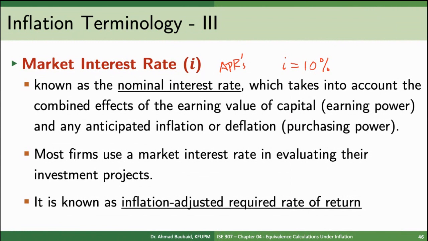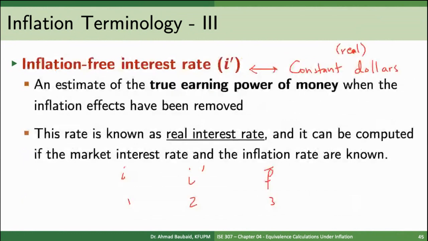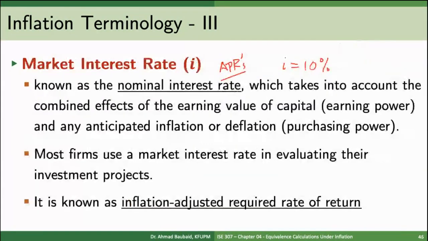Even when you get a credit card, they're going to give you an APR, which is a nominal or market interest rate. They're not going to tell you how much your money actually earns in a savings account when you invest, right? They're just going to give you the market interest rate, and you can figure out based on the inflation rate how much you're really earning in terms of purchasing power, which is this inflation-free interest rate business.